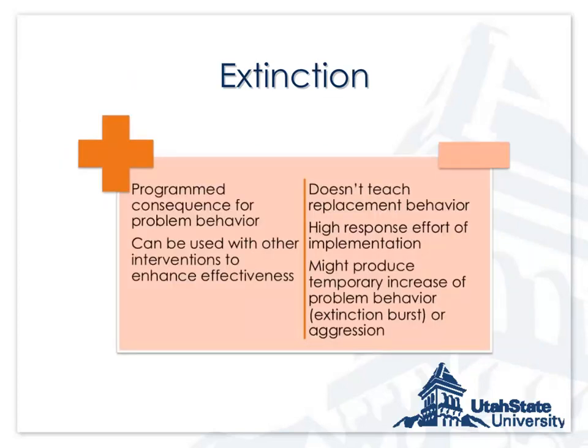While extinction is an intervention that has clear benefits, such as breaking the functional relationship between a behavior and its consequence, it does not teach a more appropriate behavior. It can also be difficult to implement and requires a high level of fidelity to be effective. Furthermore, temporary increases of problem behavior or aggression can make this intervention contraindicated when the problem behavior is dangerous for the individual or others.